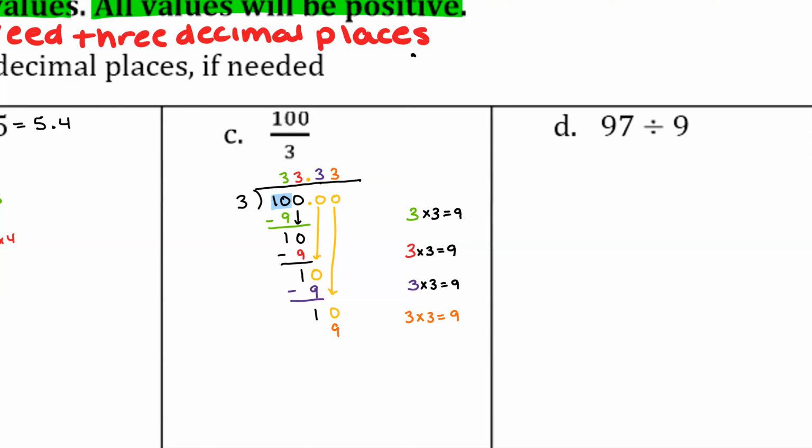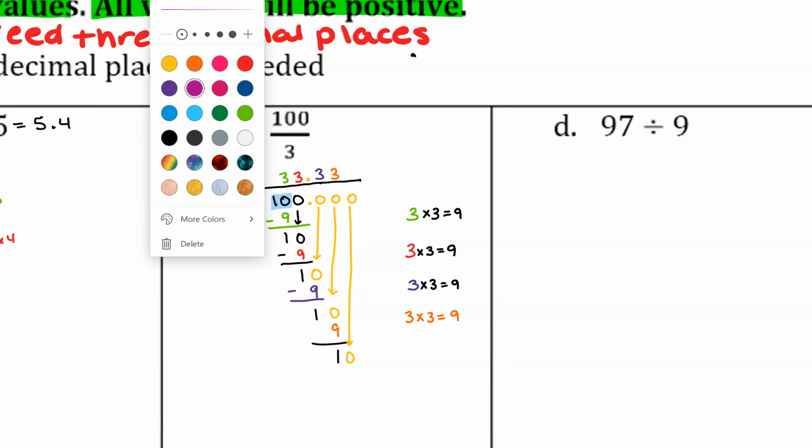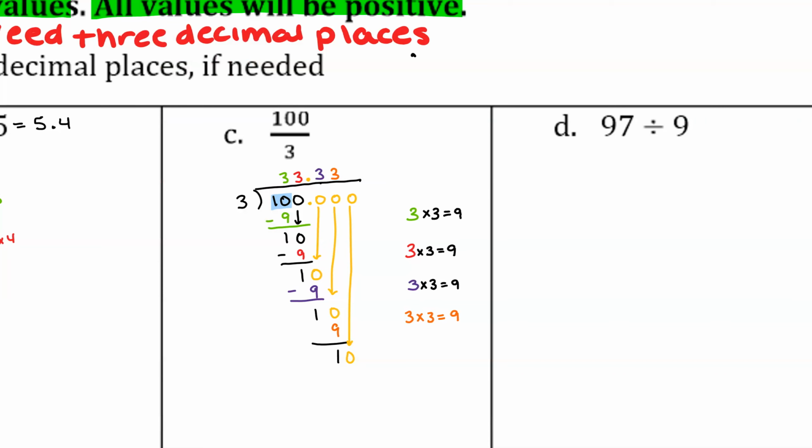So I'm either going to stop at 3 decimal places or I'm going to stop when I have 0. But I don't have 0. I have 1. So I have to bring down another 0. Whoa. That makes another 10. And I do this problem one more time. What do I times 3 by to get close to 10? I times by 3. So 3 goes upstairs, 9 goes downstairs. I can do this subtraction, but I'm just going to stop because I have 3 decimal places.